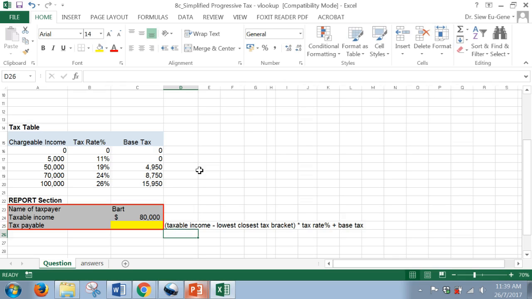Now, our taxable income is 80,000. We minus the lowest closest tax bracket, which is 70,000, and we multiply by the 24%, because the lowest closest bracket is 24%, and then add the base tax of 8750.